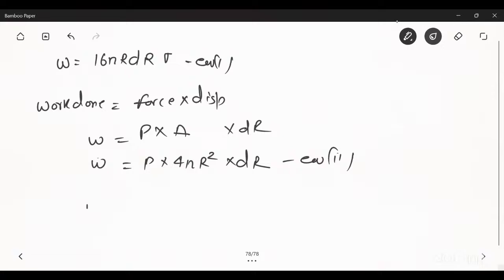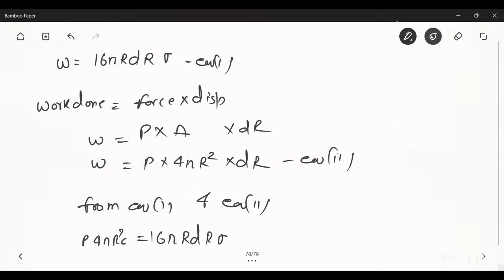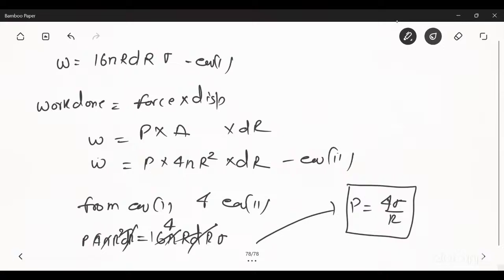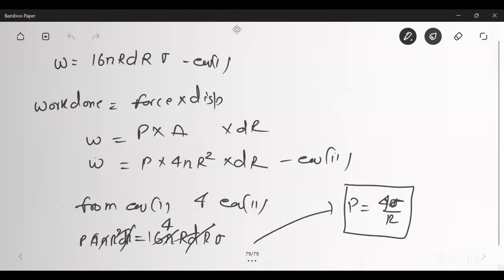Now from equation first and equation second, we get both the values of work done. So 16 pi r dr sigma is equal to P into 4 pi r square dr. So dr will be cancelled, pi will be cancelled, 4 into 4 is 16, one r will be cancelled. So you will get from here P is equal to 4 sigma upon r. So remember the soap bubble has two surfaces, so we have two times the excess pressure of a liquid drop.